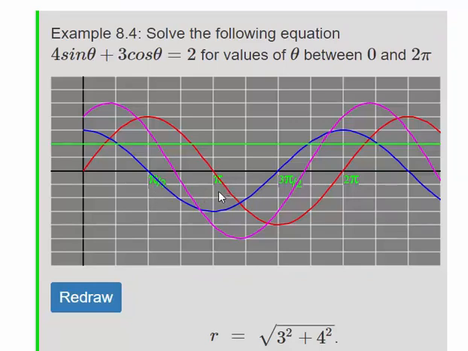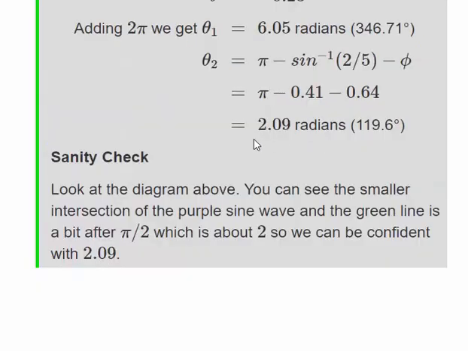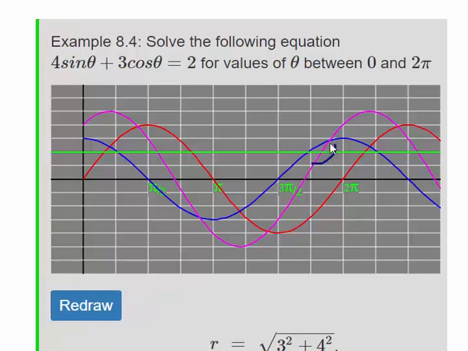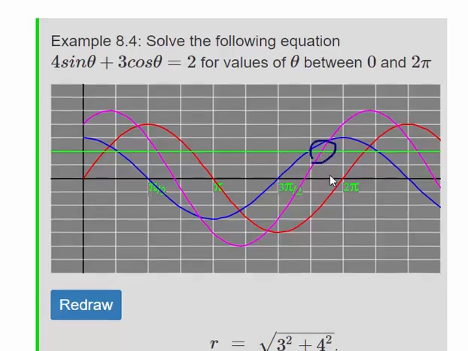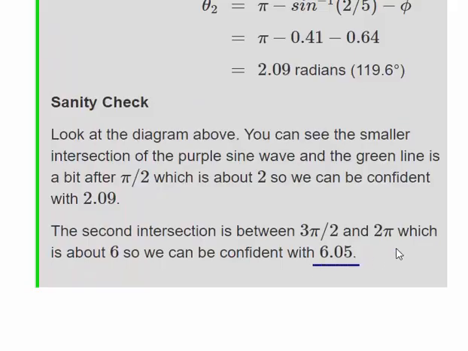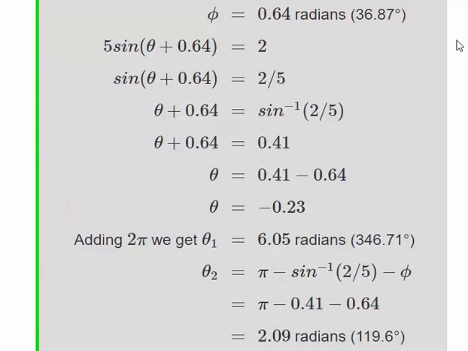Pi is equal to 3.14, so this value here is around 2, which means that we can be confident that 2.09 is a correct value. We see we've got 2 pi here, which is about 6.3, so this value is about 6, which agrees with our calculated value. So we can be confident that our 2 values are correct.